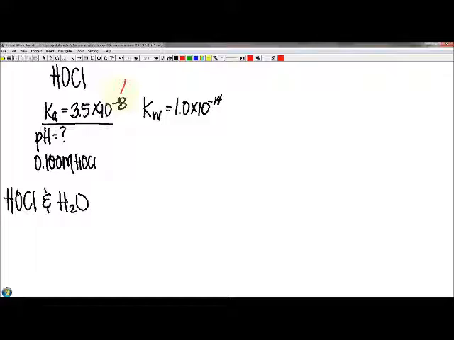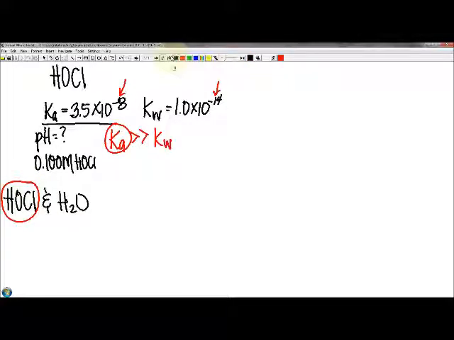Okay, well, we're comparing the exponents on the 10 right now. So negative 8 versus negative 14. Ka is significantly greater than, that's what the double greater than sign means, the Kw because it's negative 8 versus negative 14. That's a lot of decimal places. So we're just going to use the Ka, so that means we're just going to use the hypochlorous acid to help us figure this out.